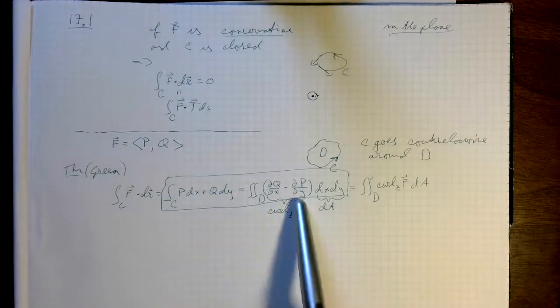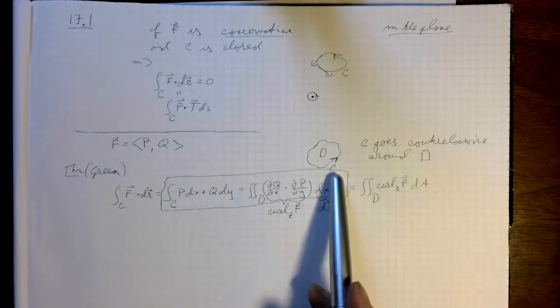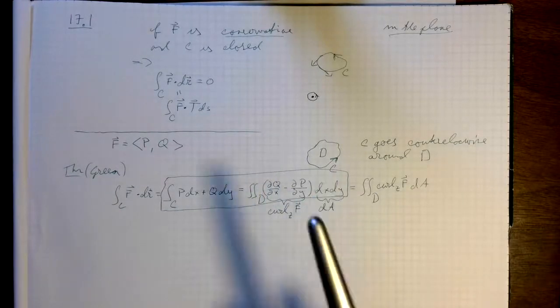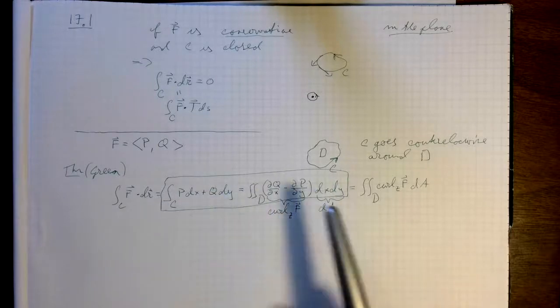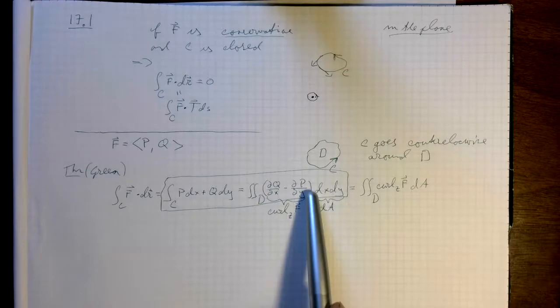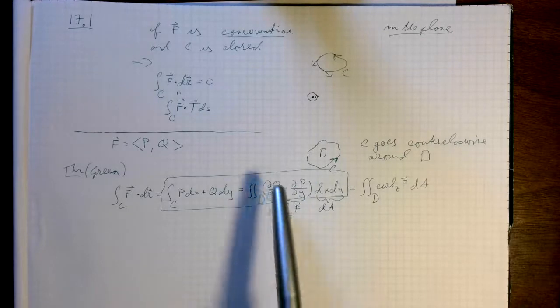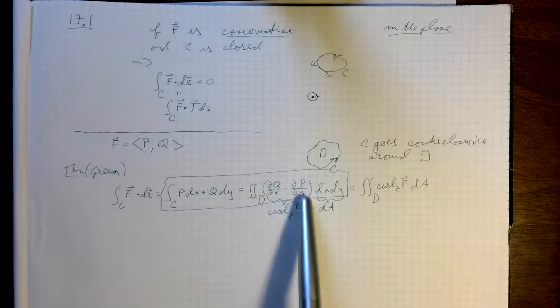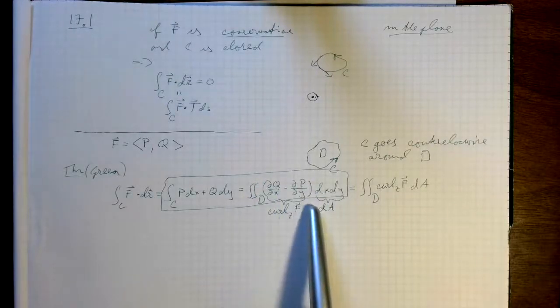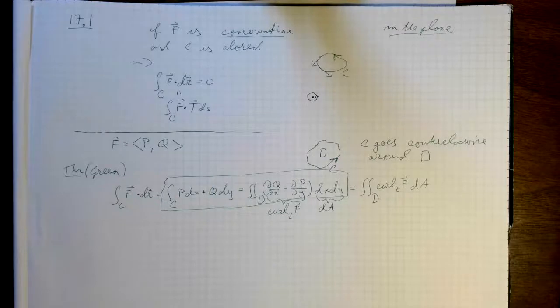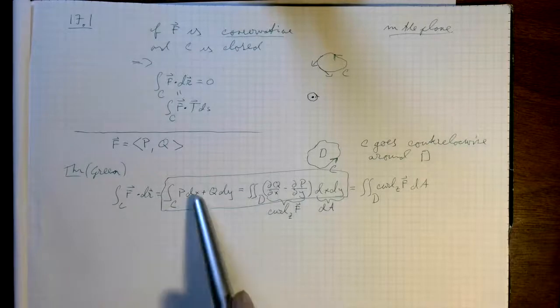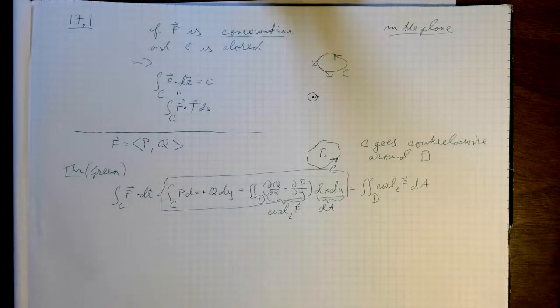You could use it to compute some double integral if you can find a P and Q such that this curl z term, dq dx minus dp dy, is equal to the function under the integral. Then you could maybe compute it using a path integral. So you take a double integral and you reduce it to a single integral. Maybe then you write it down in terms of some parameterization, and you can use the regular fundamental theorem of calculus to compute it.